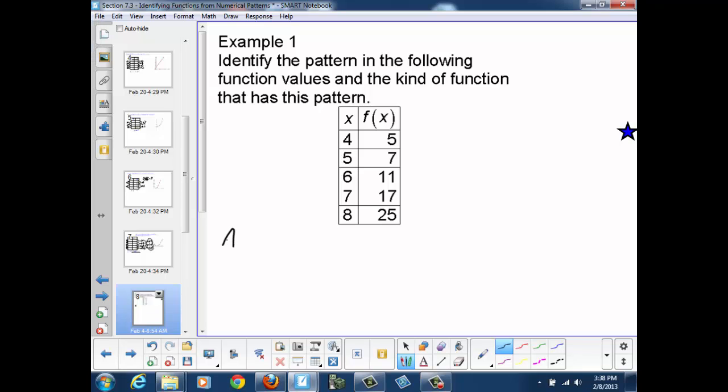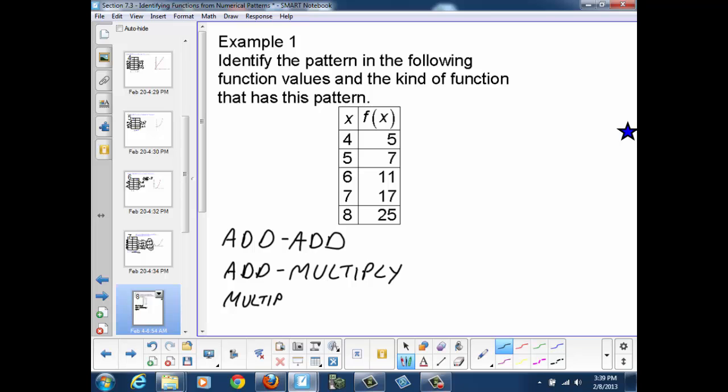So the four patterns that we have established are add, add multiply, multiply, and finally the constant second difference.